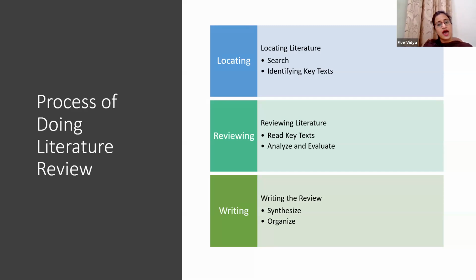You need to analyze and evaluate that particular reference, whether it is related to your topic or not. Once you are done with the review, and you have selected, let's say, out of 50 references, 10 references for your work, then you need to finally write the review of those 10 references.